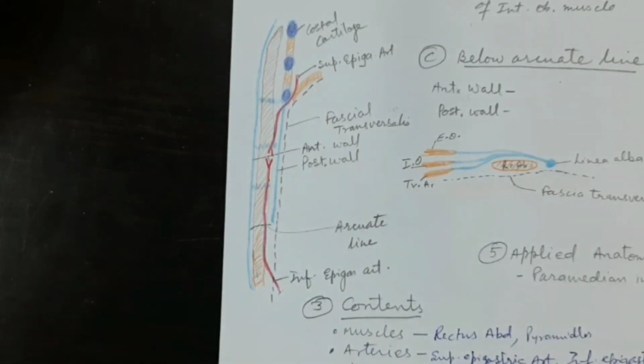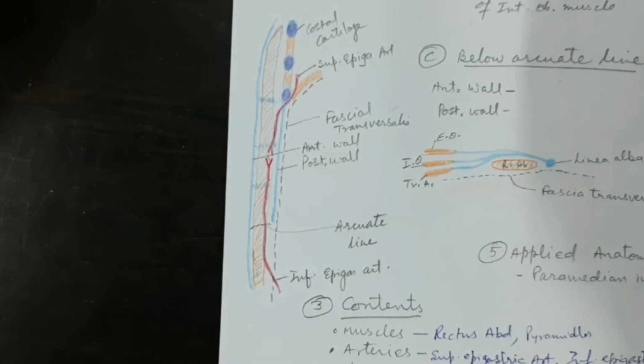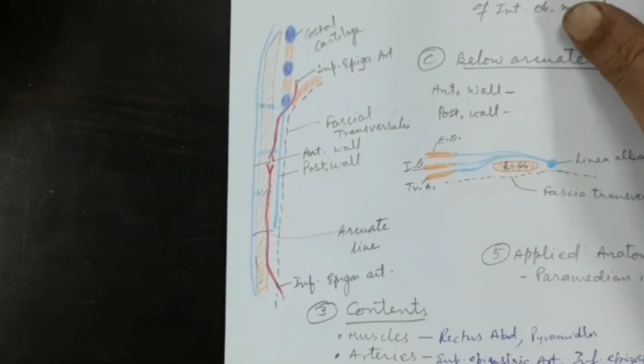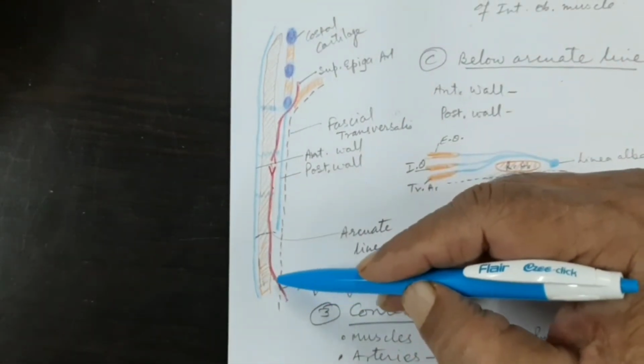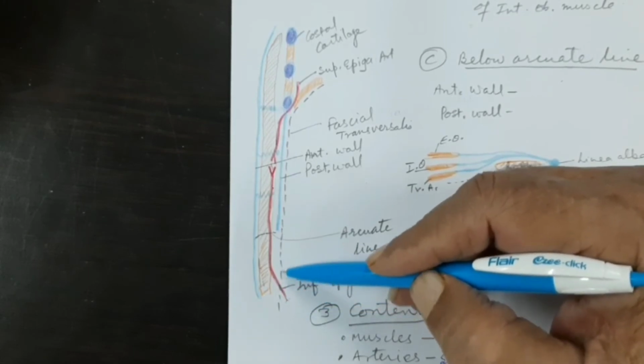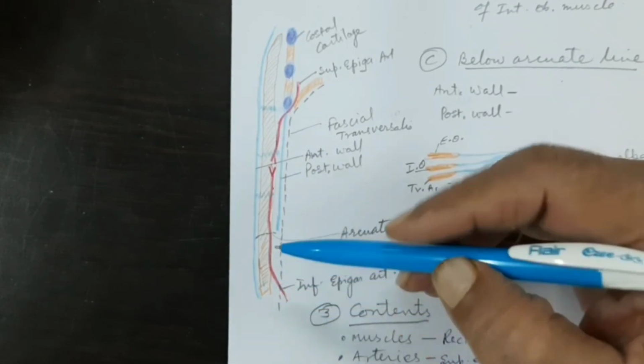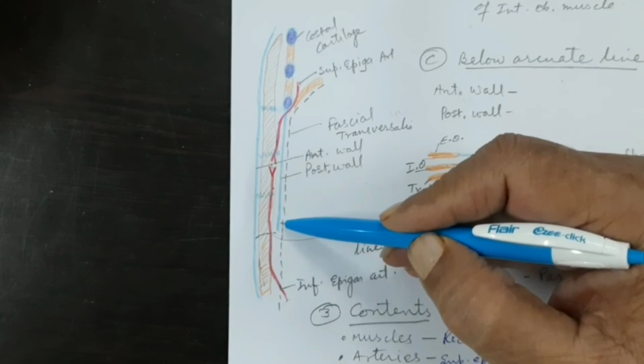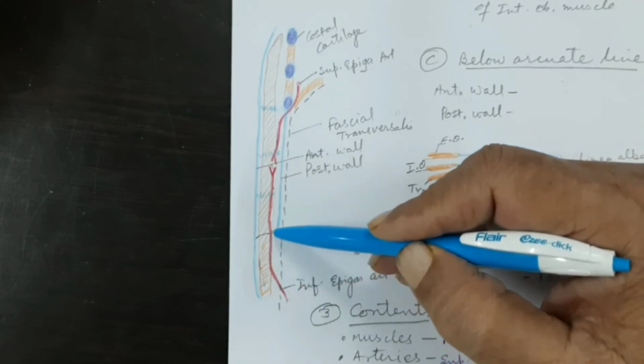The inferior epigastric artery, which comes from below, is a branch of the external iliac artery. It pierces the fascia transversalis, and then it goes deep to the arcuate line into the rectus sheath.